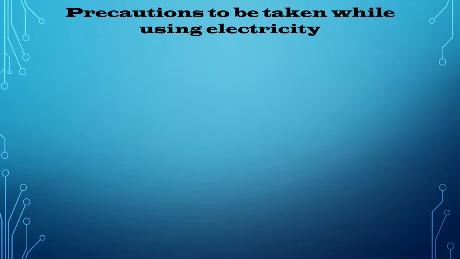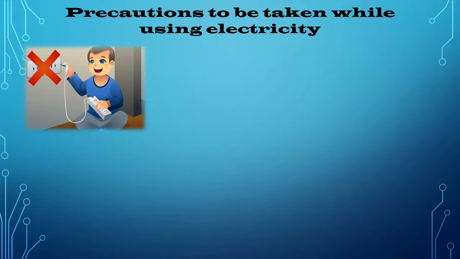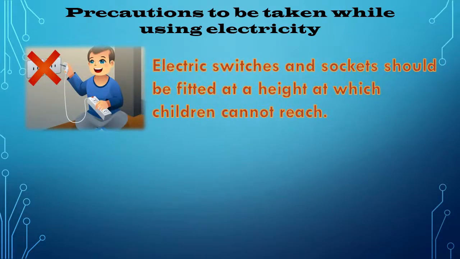As you can see here in the picture, the electric switches and the sockets should be fitted at a certain height at which children cannot reach, because they have a lot of curiosity about all these plugs and wires. So they may put fingers, pins, or some other things in the open sockets and it may hurt them.